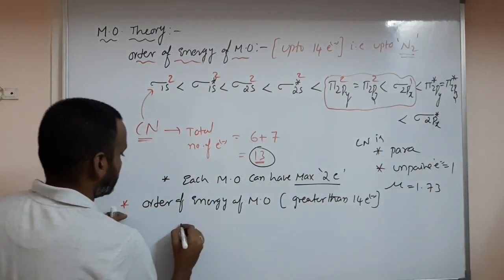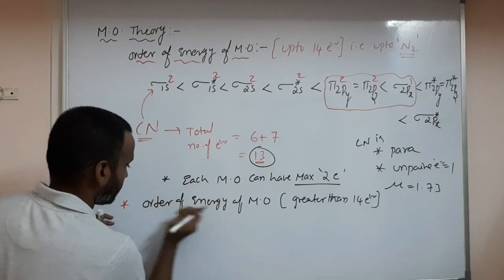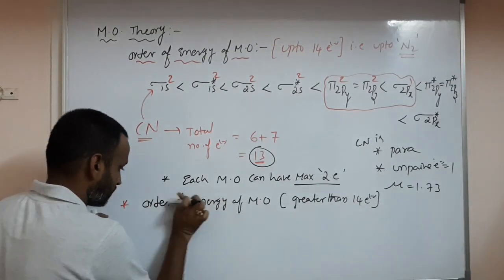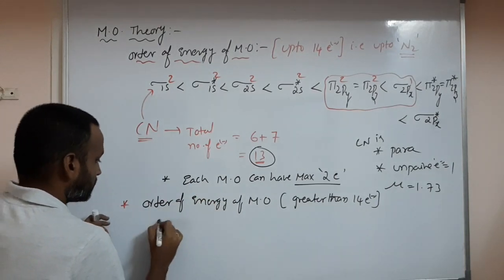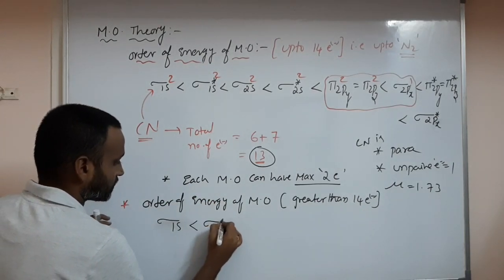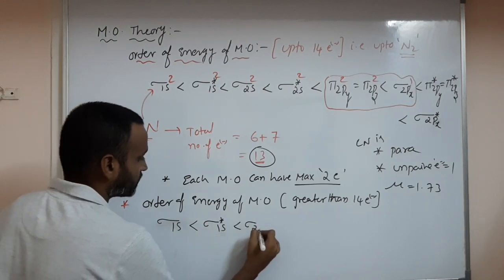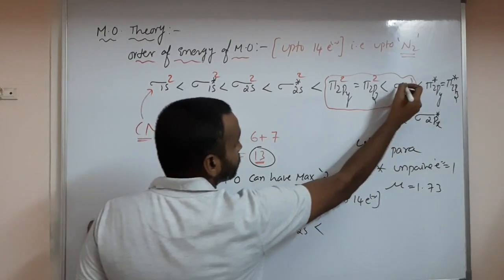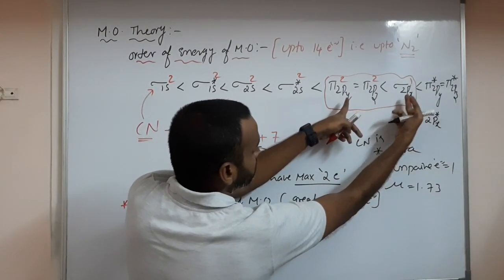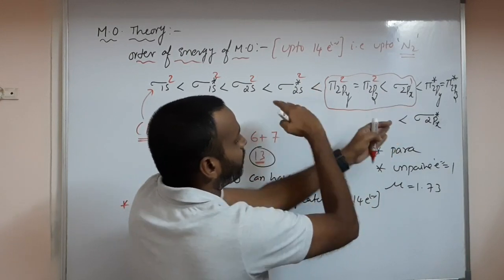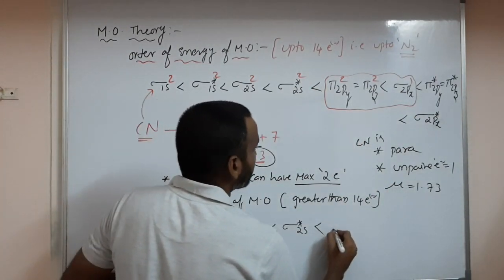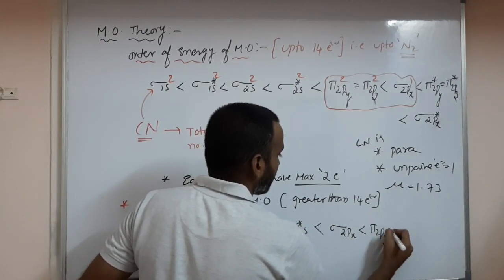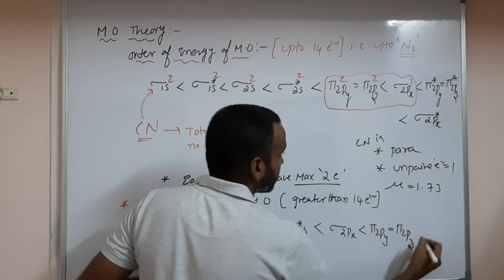Then what will you write? Sigma 1s. Okay. Sorry. See what I am doing, all these things like a small kid. Sigma 1s, sigma star 1s, sigma 2s, sigma star 2s, and these two just interchange. What I wrote in the box, just flip. Then what will you get? Sigma 2px and pi 2py and pi 2pz.